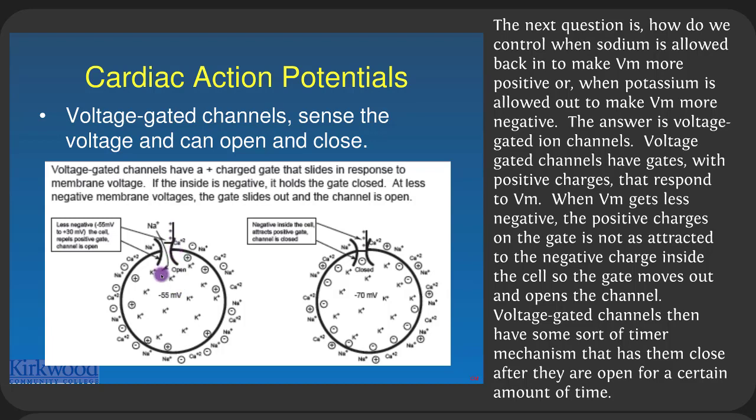When VM gets less negative, so goes from -70 to -55, then the positive charges are no longer as attracted to the inside of the cell, so the gate slides out and the gate is open, or the channel is open. So when VM gets less negative, the positive charge on the gate is not as attracted to the negative charge inside the cell, and the gate moves out and opens the channel. Voltage-gated channels then have some sort of timer mechanism that has them close after they're open for a certain amount of time.